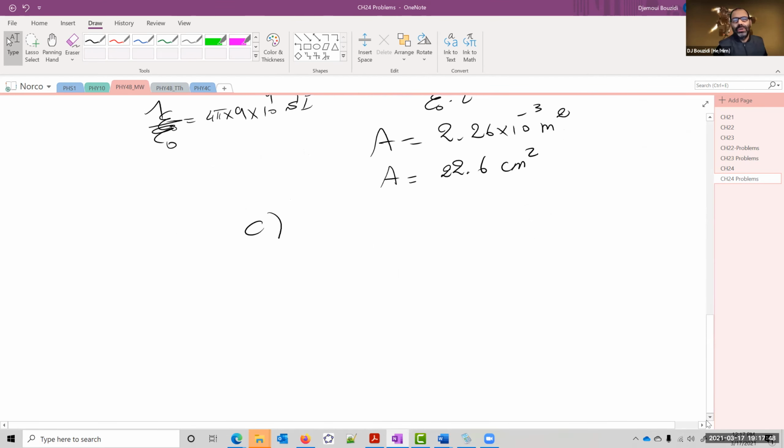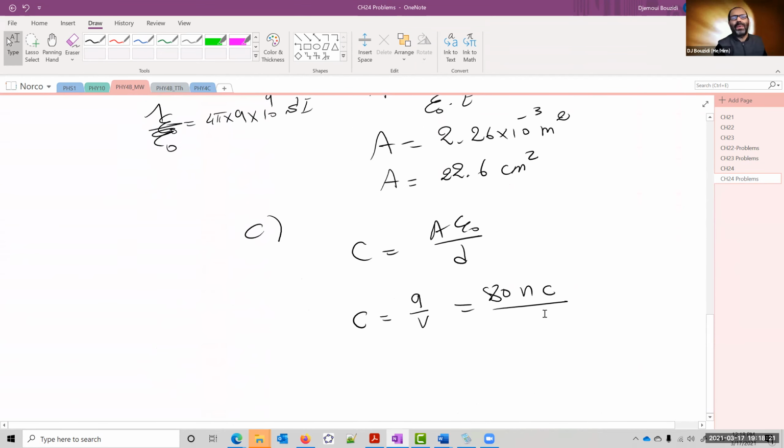Because you have V, you have Q. So this is going to give me 80 nanocoulomb divided by the voltage. And the voltage, if you guys remember, was 10,000 volts. So it's 10 times 10 to the power 3 volts.